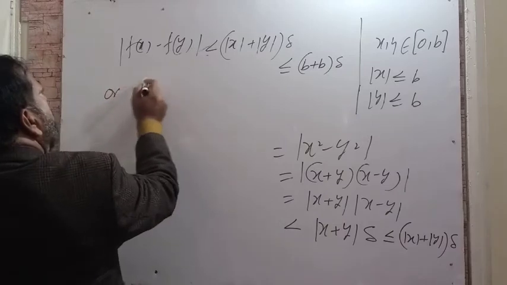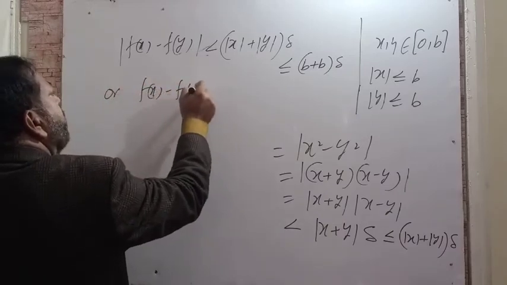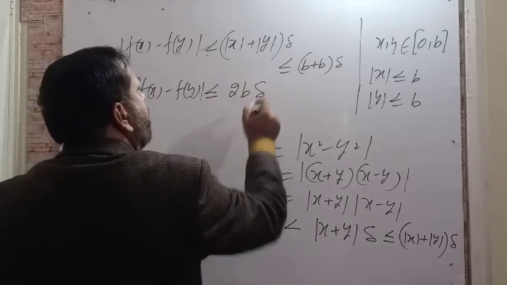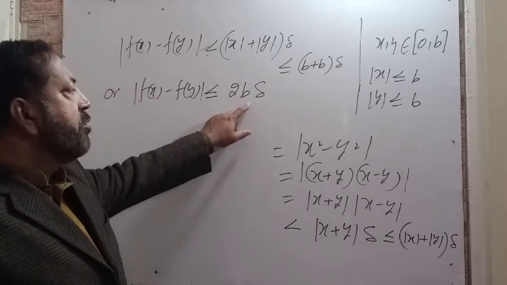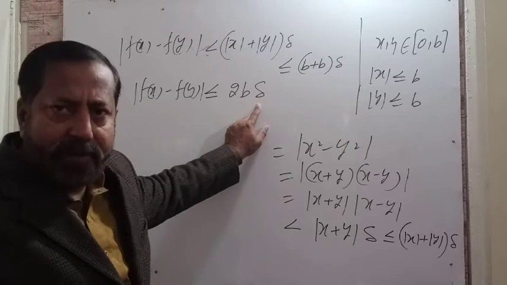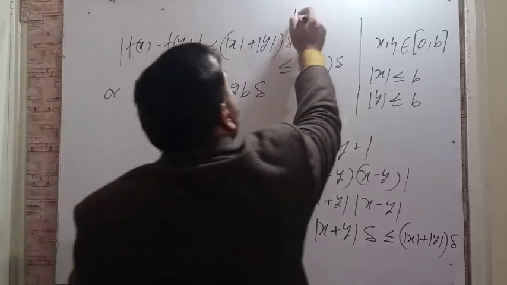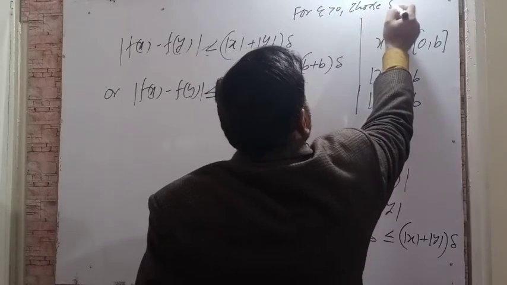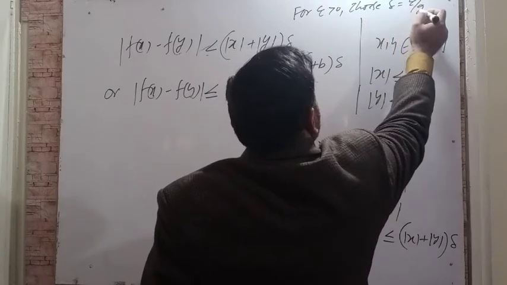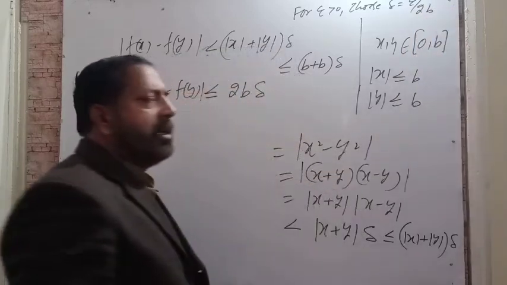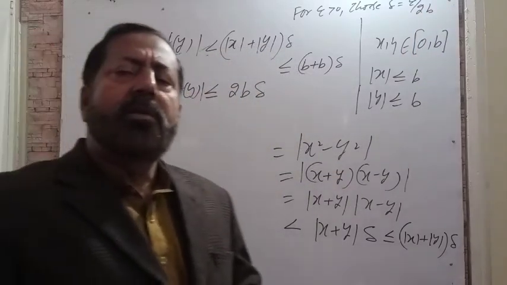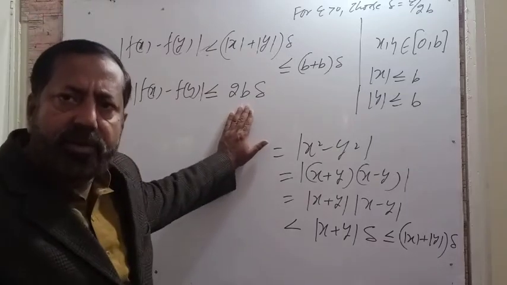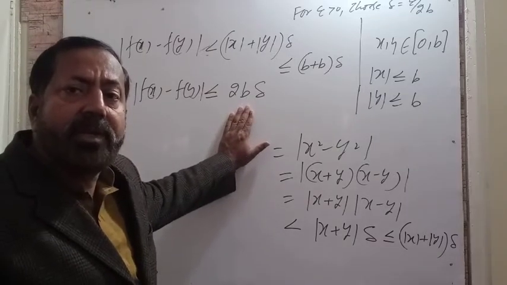So |f(x) − f(y)| is less or equal to 2b delta. Now if you choose delta equal to epsilon by 2b, so for epsilon positive we choose delta equal to epsilon by 2b, or delta less than epsilon by 2b, then the definition would ultimately be satisfied.